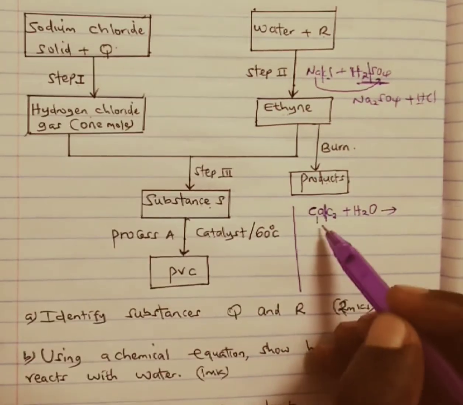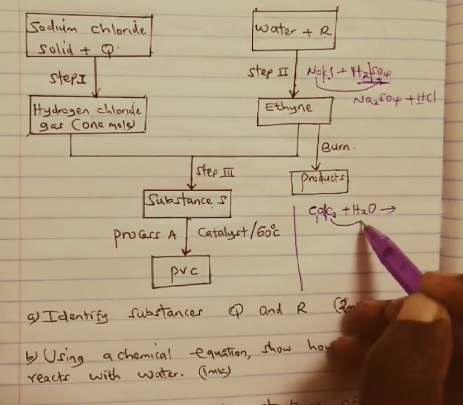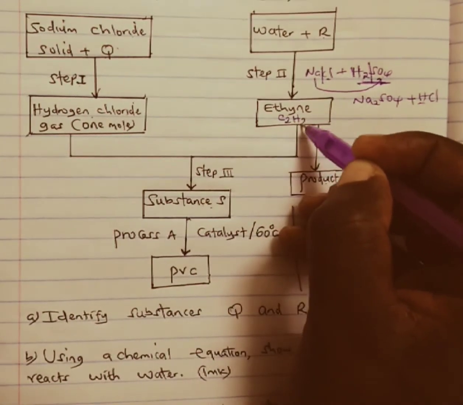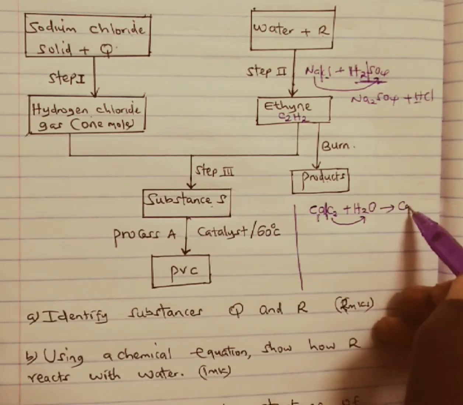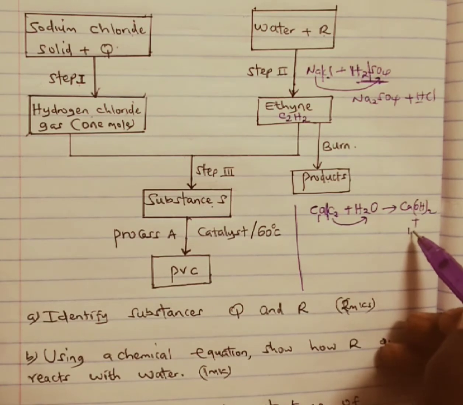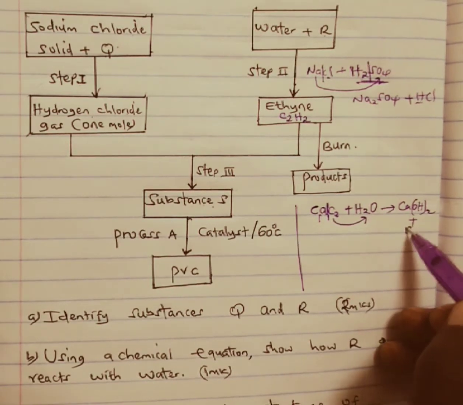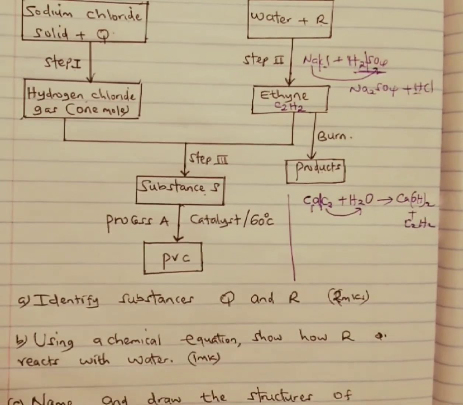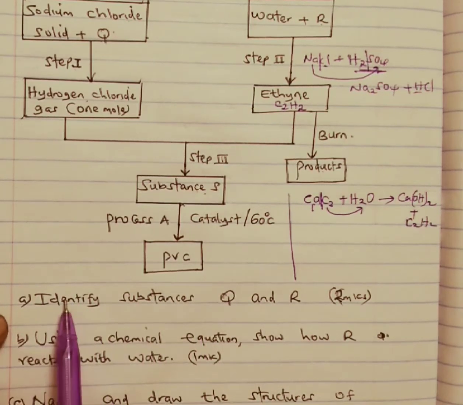We split the two such that the C2 and the H2 will give us ethane gas. Then of course calcium in water will give us calcium hydroxide. So this one is going to be plus of course ethane gas. Now let us move down and look at these questions.